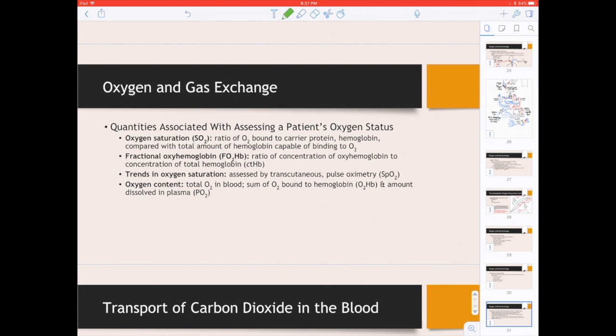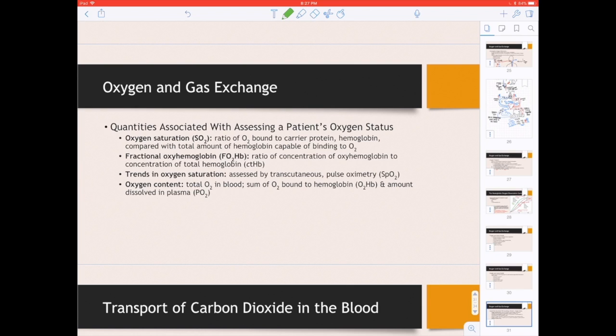Okay, here are some terms that you will come across working in the lab that will help you to assess a patient's oxygen status. These are something that we look at when we run, say, a venous or an arterial blood gas. If in your particular hospital the respiratory therapists are running these blood gases, then this might not be something that you encounter very often.